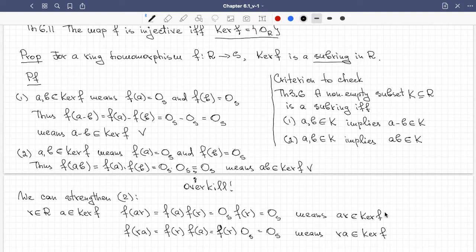The additional property is that if we multiply, in any order, AR or RA, an element from the ring by an element from the kernel, we produce an element from the kernel.